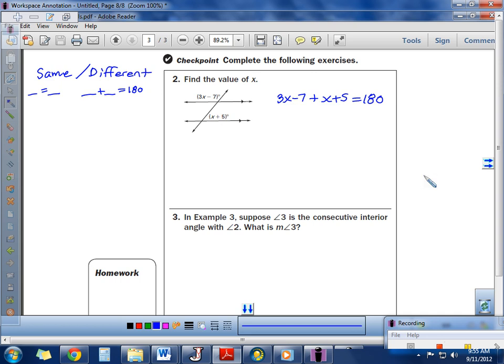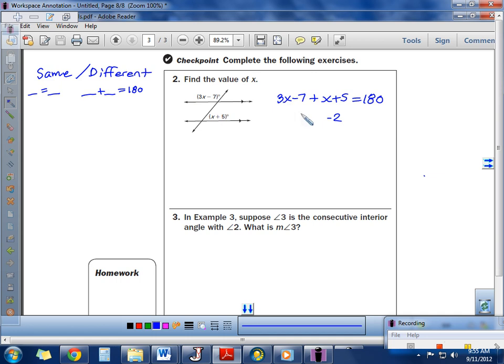Unfortunately, some people struggle in solving these. What's my first step? Combine like terms on the left side, which is also known as simplify. So the like terms are the negative 7 and the positive 5. When you combine those on the same side, you actually do the operations they say. Minus 7 plus 5. You actually type those in exactly how they're written. You don't do any opposites. So minus 2.